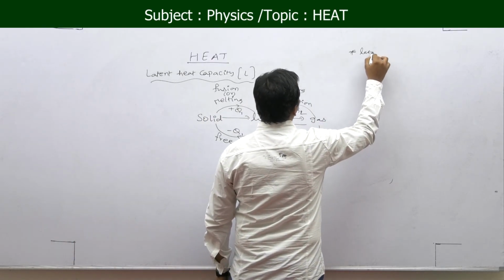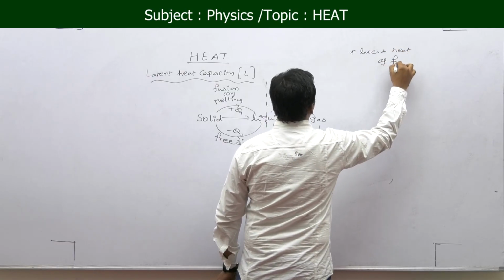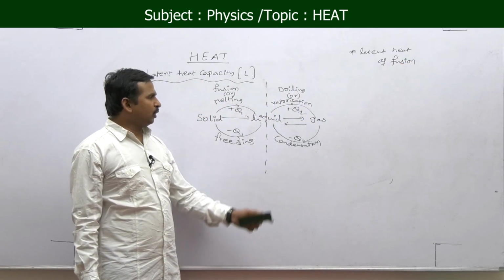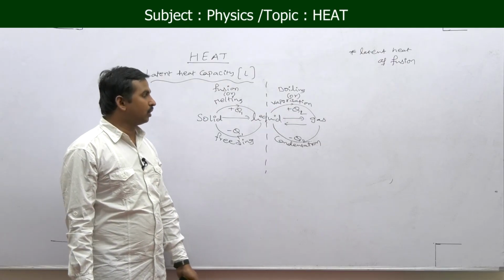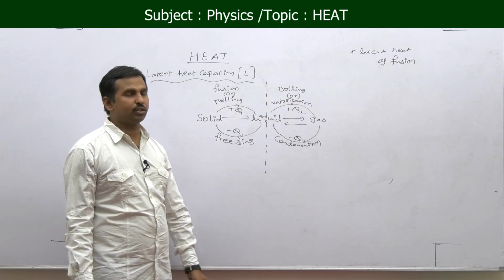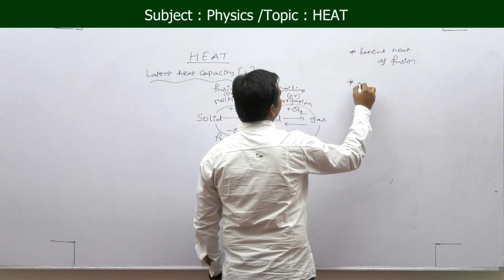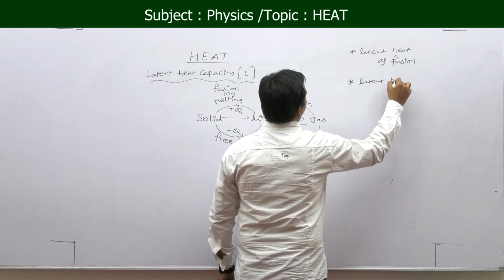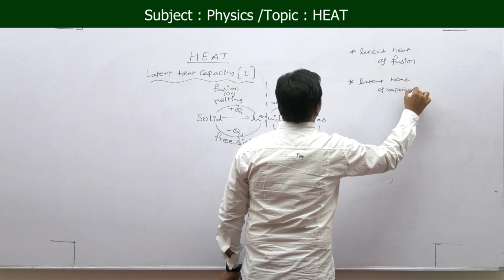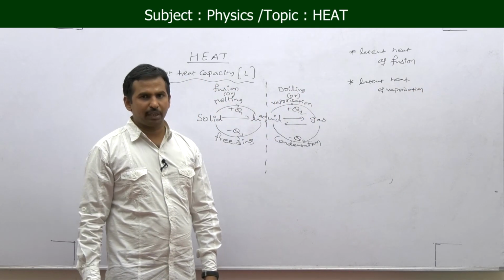Whereas going from liquid to gas is boiling or vaporization, and the reverse process, giving out heat, is condensation. For these 2 cases we take the same latent heat, the latent heat of vaporization.